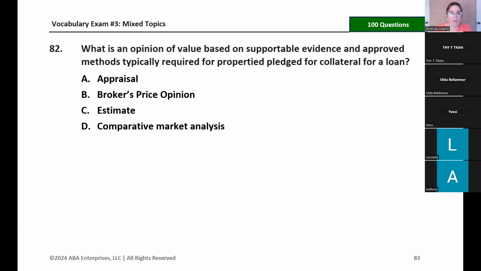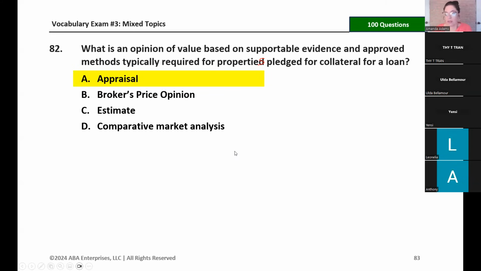Number 82. What is an opinion of value based on supportable evidence and approved methods, typically required for properties pledged for collateral for a loan? We're talking about an A, an appraisal.